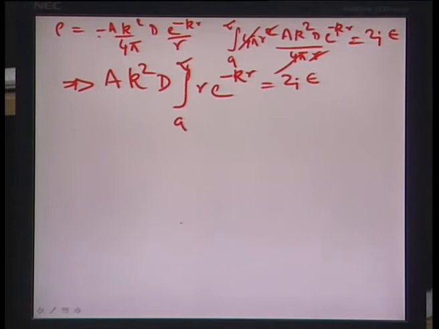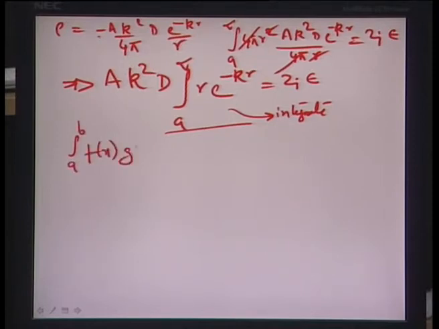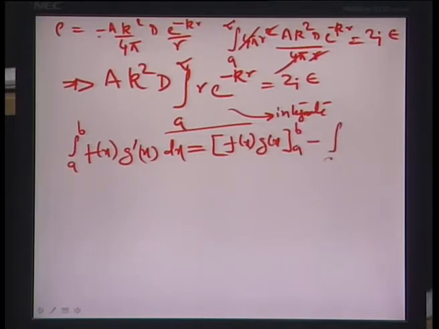Okay. So, we will like to integrate this by parts. All right, and so essentially if we integrate by parts, we know that the integral between a and b of f x g dash x dx is equal to f x g x from a to b minus the integral a to b of f dash x g x dx, right.